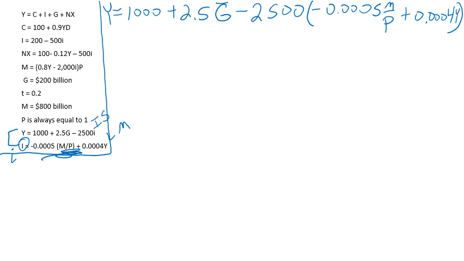All right, now the next step, Y is equal to 1,000 plus 2.5G autonomous plus or minus. Minus times a minus is a plus.